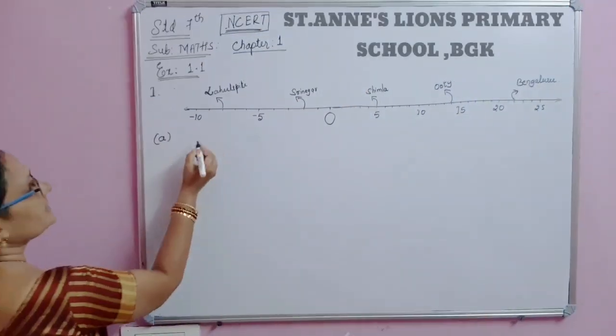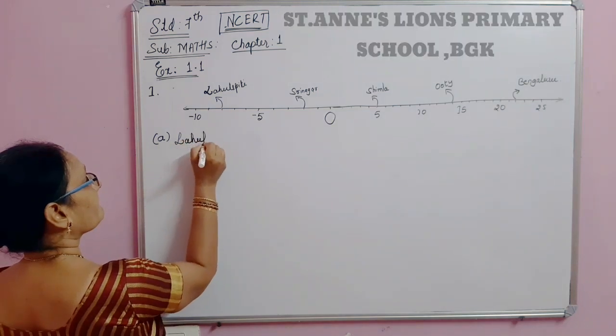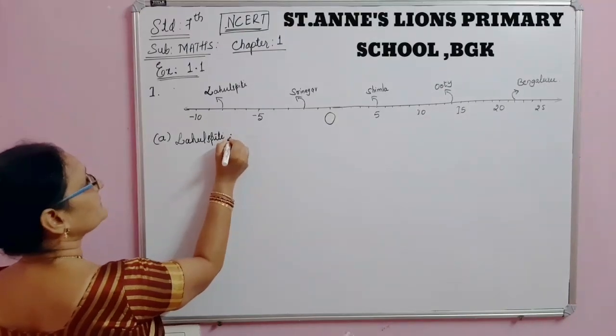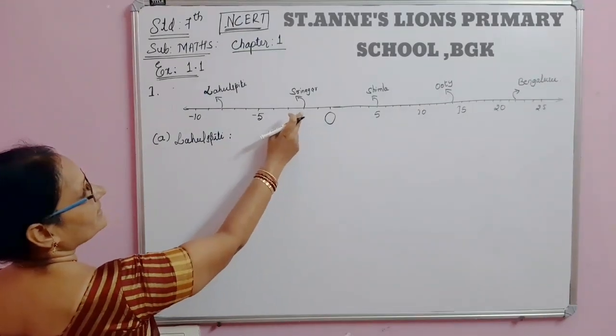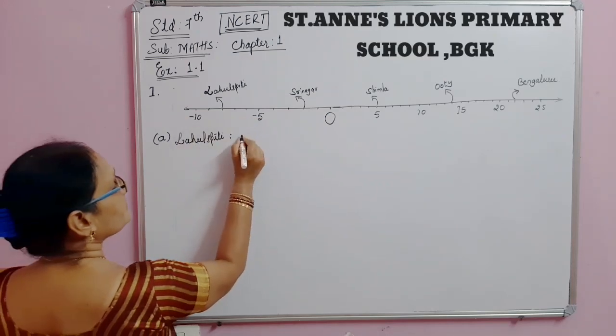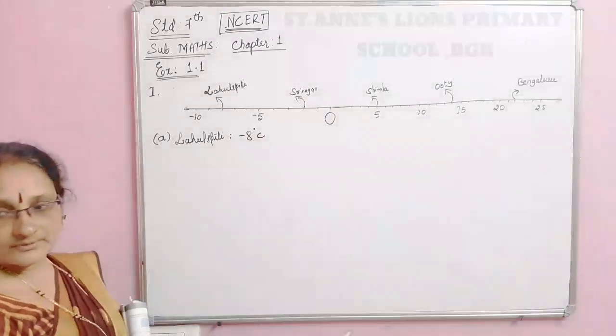So, the first one is Lahul Spiti. What is the temperature of Lahul Spiti? See, this is minus 1, minus 2, minus 3, minus 4, minus 5, minus 6, minus 7. This is minus 8 degree Celsius.